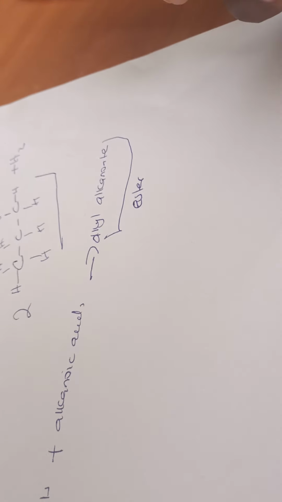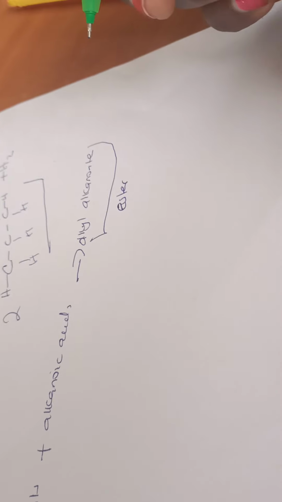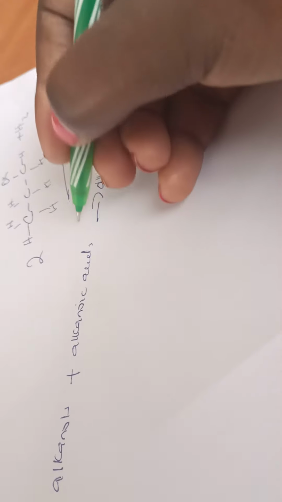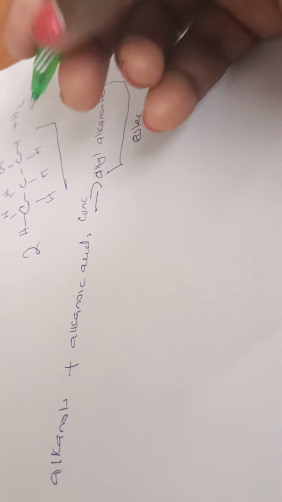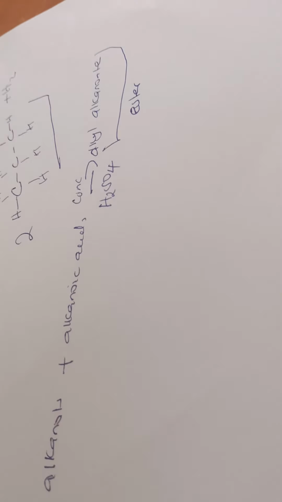It is a substance with a pleasant smell. And for this reaction to occur, we need a condition, that is concentrated sulfuric acid. It's a condition, it's not a reagent. Concentrated sulfuric acid for the reaction to occur.